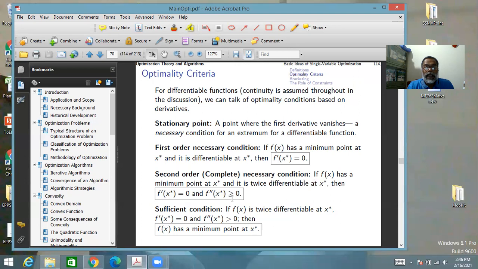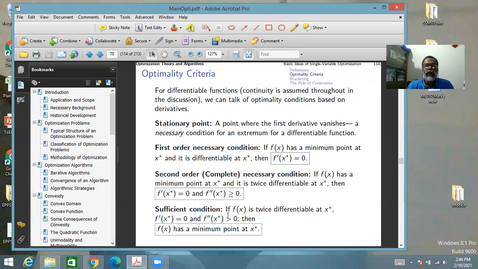Now, if this strict inequality holds here, then it is a sufficient condition. And that is why the sufficient condition is written with the if on the other side. If the function is twice differentiable at x star and the first derivative is 0 and the second derivative is positive, then you can be sure that x star is a minimum point of the function if it is strict inequality.